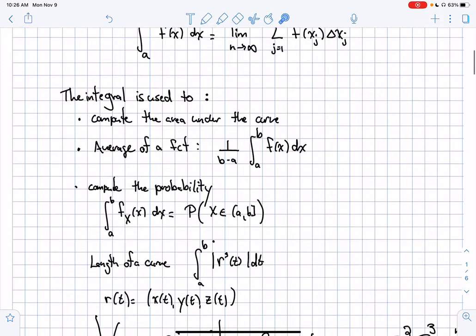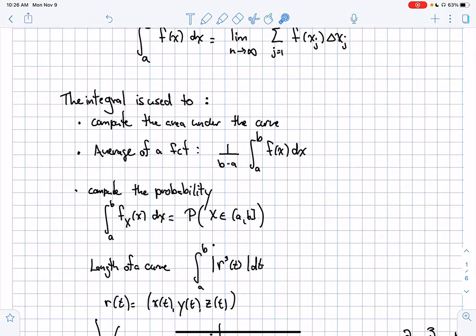We also saw in this class that if I have a curve given by a parametric equation, this is a curve in 3D, but it could be in 4D or 2D, so the position at any time t is x(t), y(t), z(t).